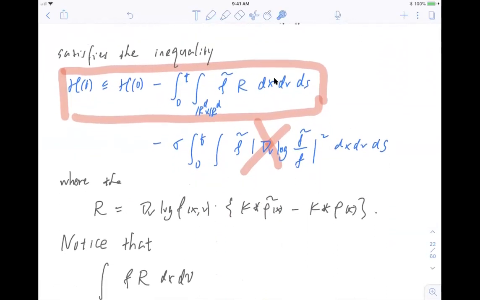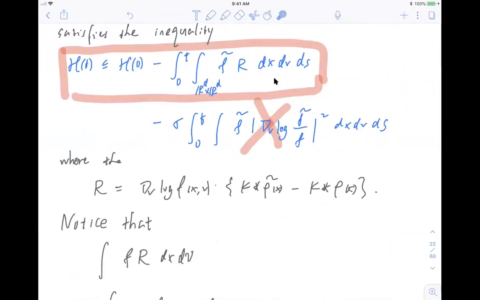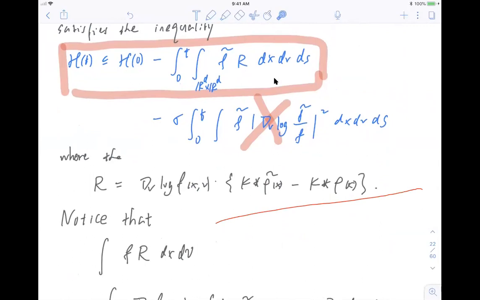The last term here comes from 3 terms, and we do integration by parts, and we can merge them together and get a positive term, and there's a minus sign here. So we can just throw this term away. So we just get this part, both for the deterministic system and the stochastic system. That's the inequality for the relative entropy.